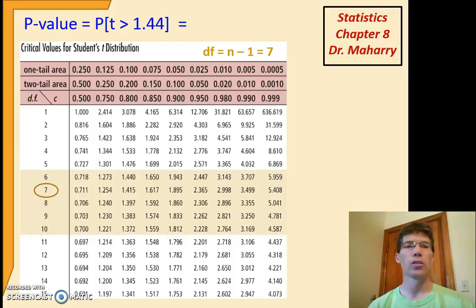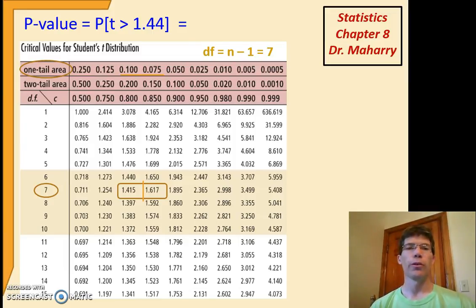So I go down to 7 degrees of freedom. All the numbers going across that row at degrees of freedom equals 7 are the t-values for 7 degrees of freedom. Well, notice 1.44 is not in there. But notice it would fall somewhere between these two values, somewhere between 1.415 and 1.617.